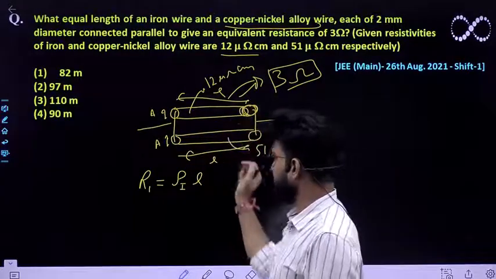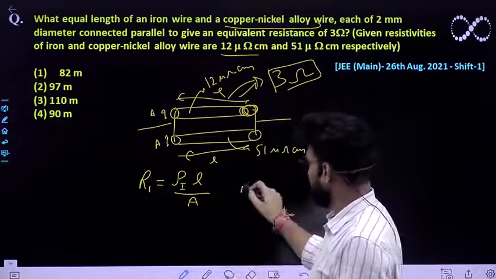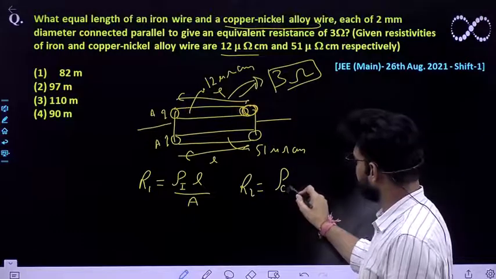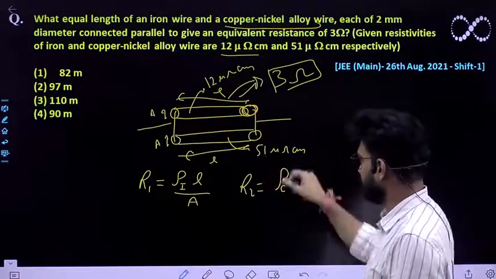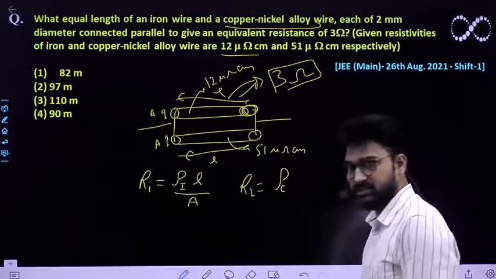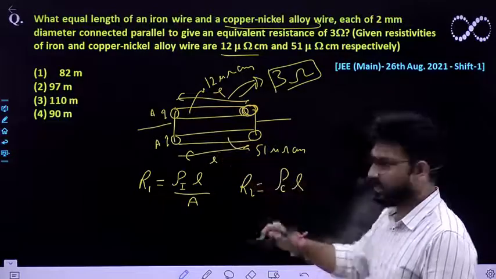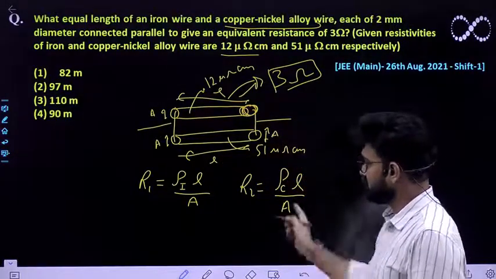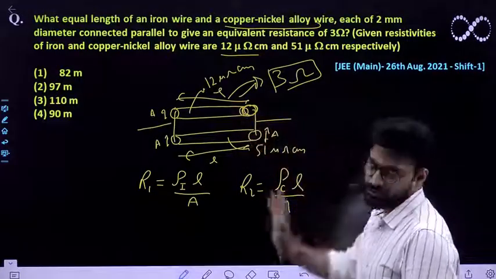Length L and area A. So R2 must be equal to rho of copper nickel, let this resistivity be rho C, which is 51 micro ohm centimeter, times L by A, since the length and the area are also the same as the first wire because both have the same diameter and length.